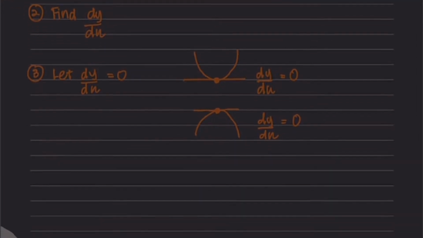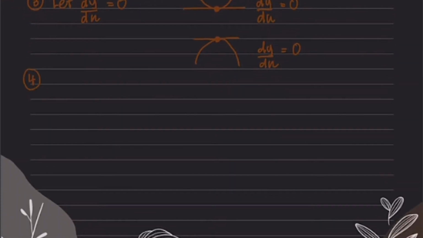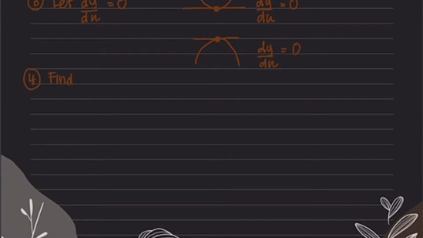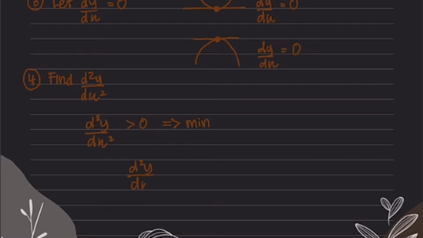To check whether it is a minimum or maximum, we have to find the second derivative. The rule for the second derivative test: if d squared y over dx squared is greater than 0, it is a minimum, but if it is less than 0, it is a maximum.